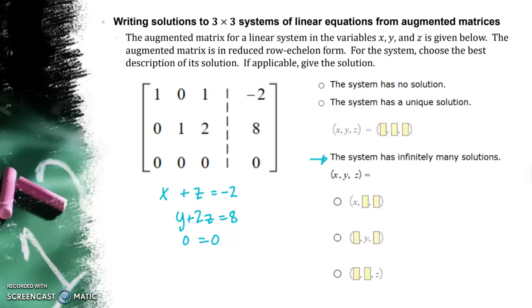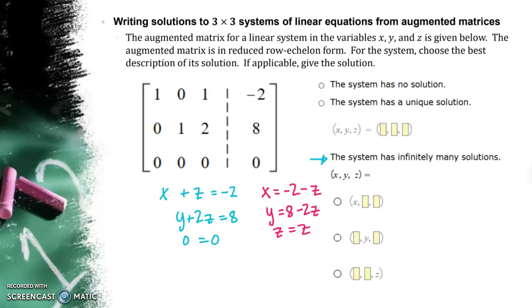But how do we put that in some kind of form that we understand? Well, I can see that if I put x in terms of z, x equals -2 minus z, y equals 8 minus 2z, and then z in terms of z is just z.